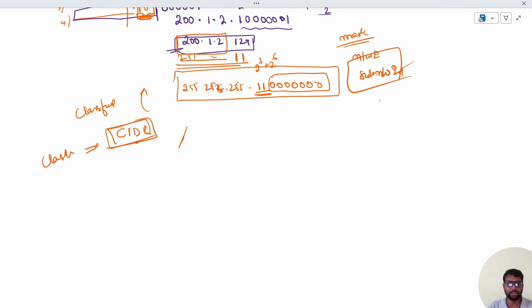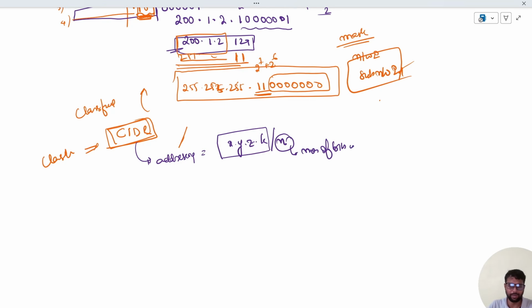With classless inter-domain routing addressing, we write the address like x dot y dot z dot k slash n, where this is the same as the IP address, and this n represents the number of bits in the mask, that is the number of ones. Okay.